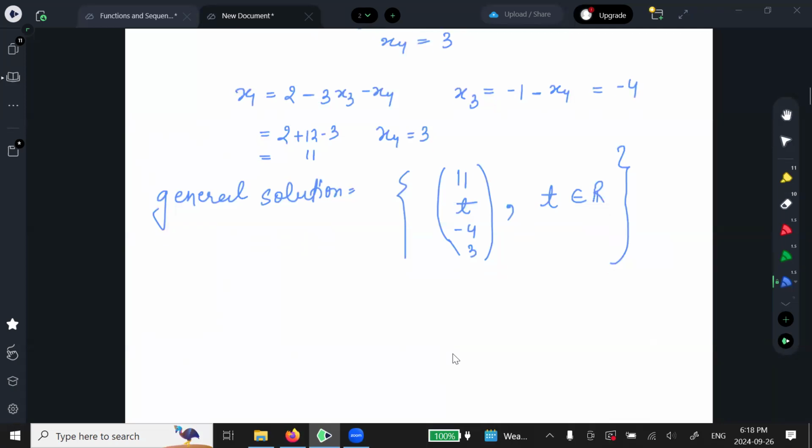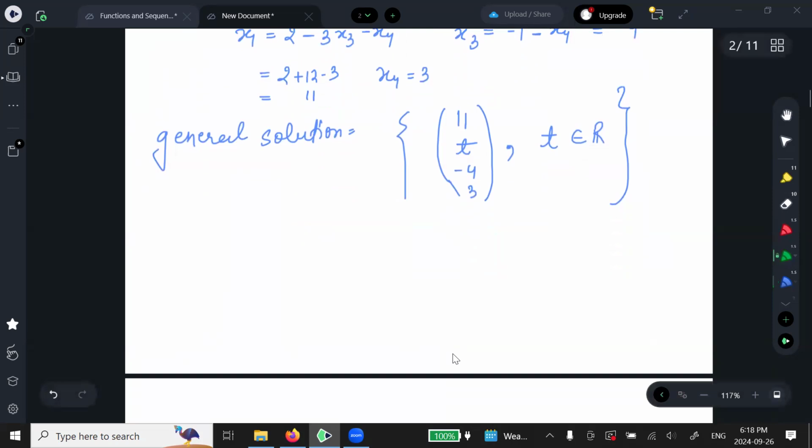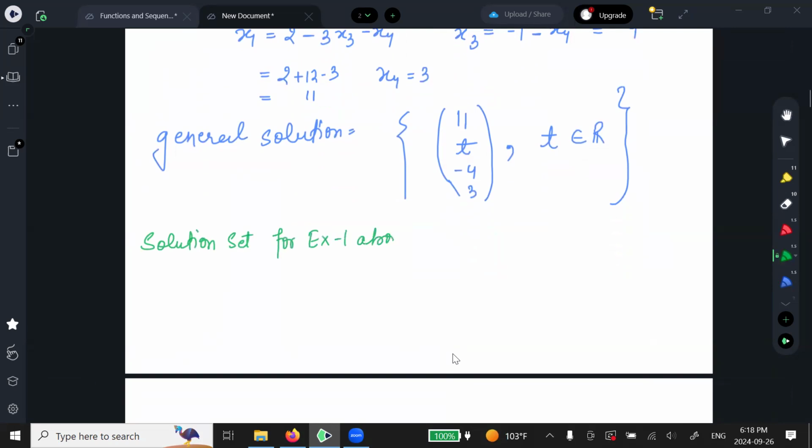For example 1 above, if I ask you to find me the solution set for example 1, in case you want to check your answer, because there I have two free variables, right?